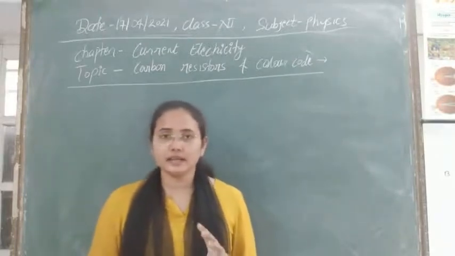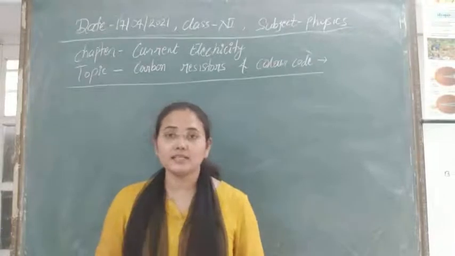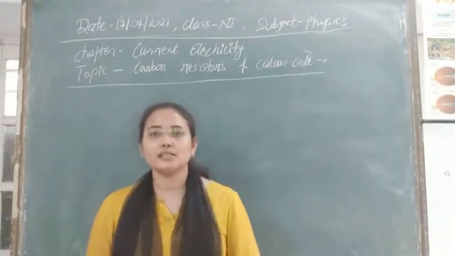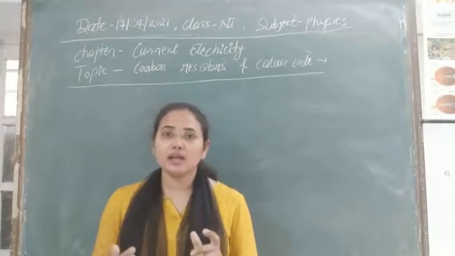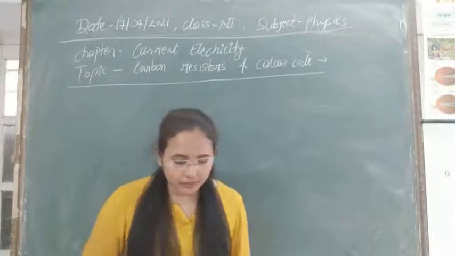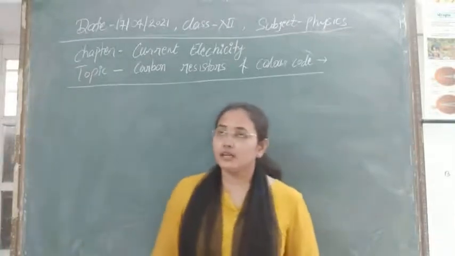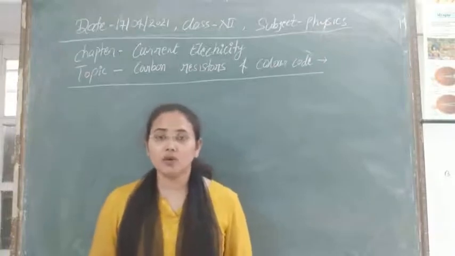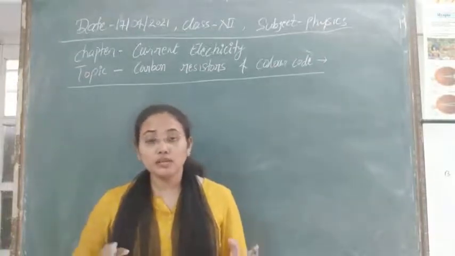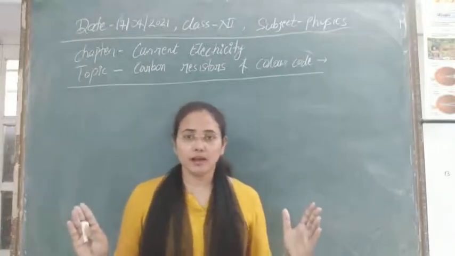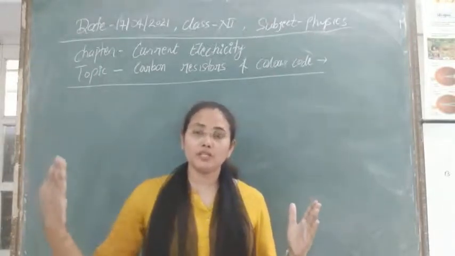The second advantage is that its shape is very compact, meaning very small resistors, and we can easily join them by the soldering process in any circuit. The third advantage is its range. These resistors range from a few ohms to several million ohms, that is, 1 to 10 to the power 6 ohms.